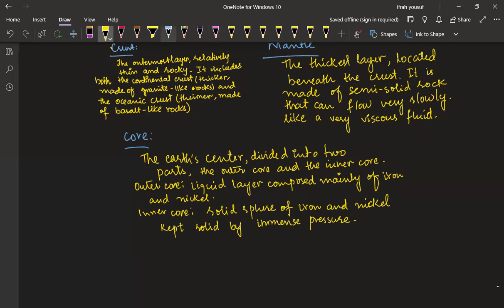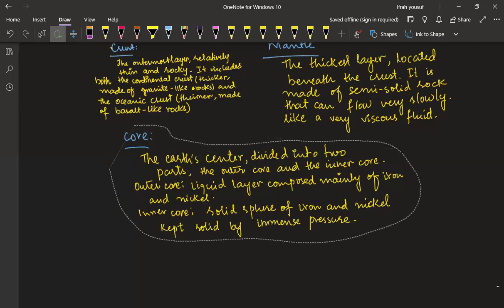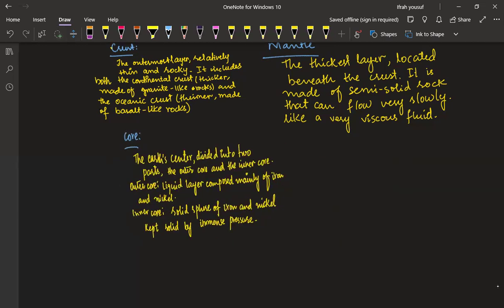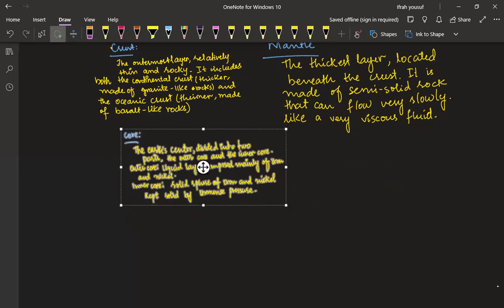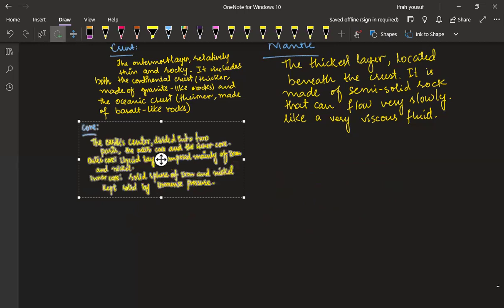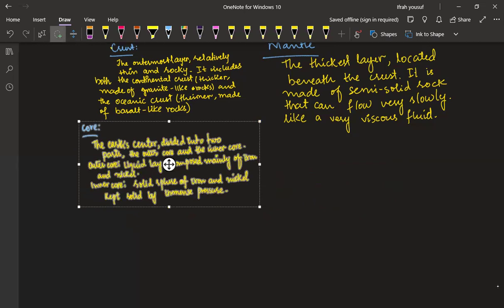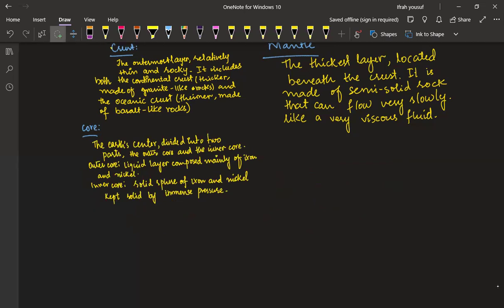So now we will talk about the key characteristics of each layer. Let's start with crust.